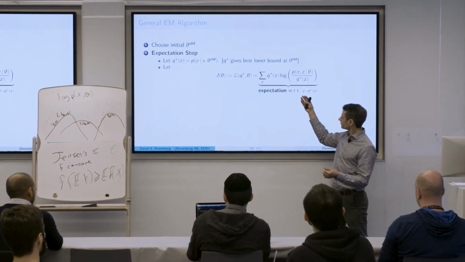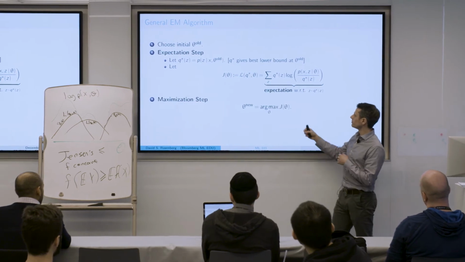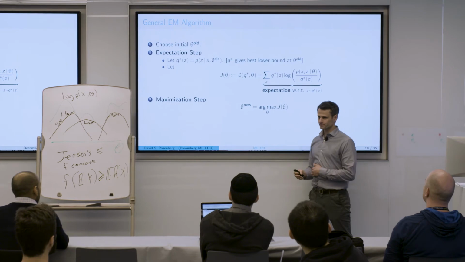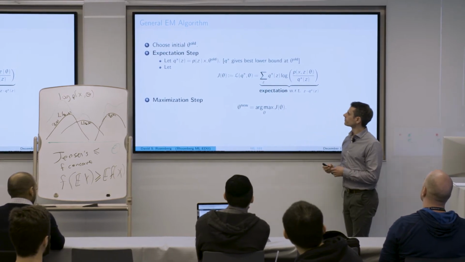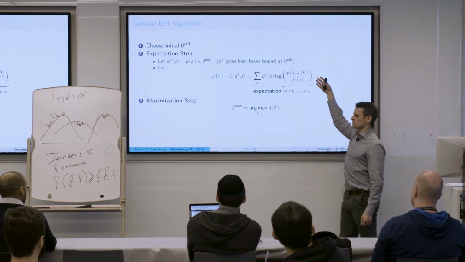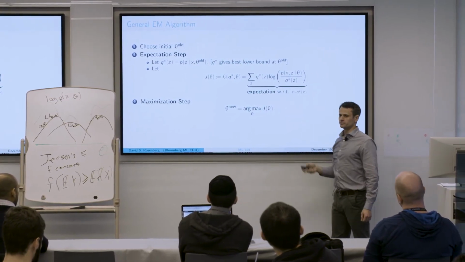So that's why it's called the expectation step. And the next step is called the maximization step, where we take this objective and we maximize over theta. So find the best Q, expectation with respect to that Q, maximize with respect to theta, iterate.